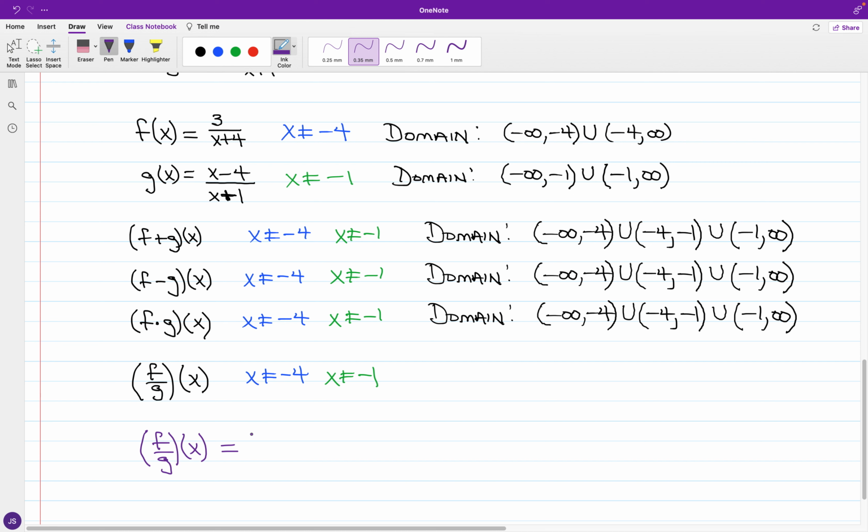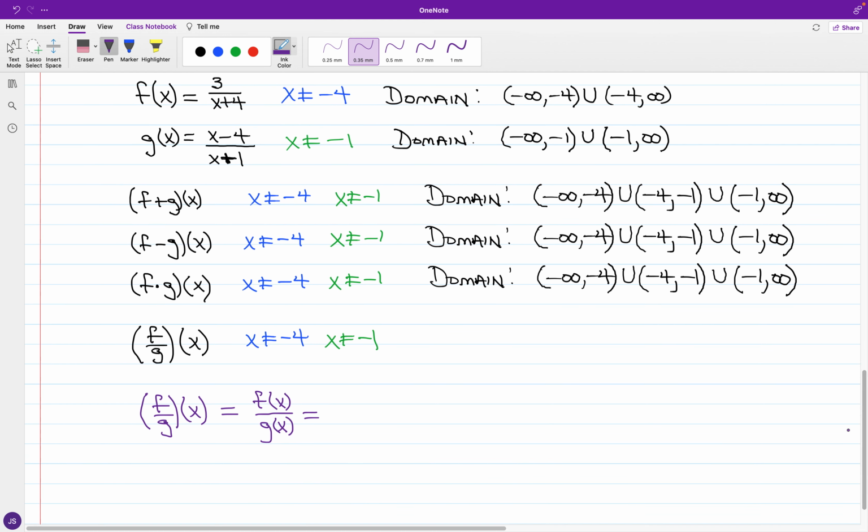So we have f over g of x, which is f of x over g of x. We have f of x equal to 3 over x plus 4, and g of x equal to x minus 4, all over x plus 1.